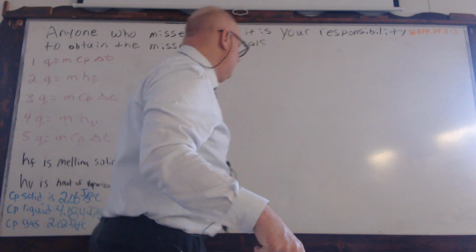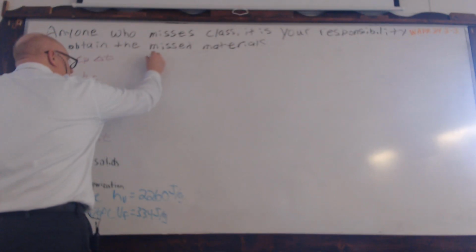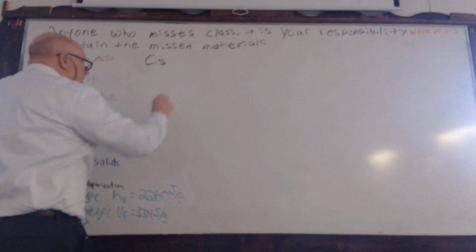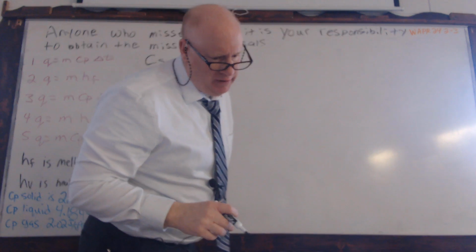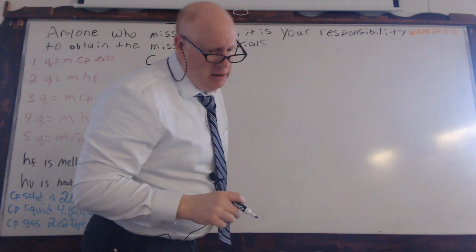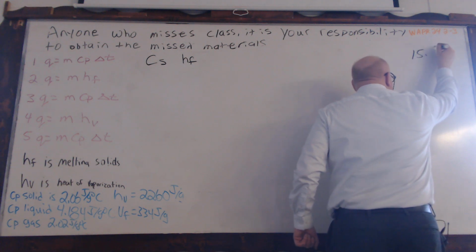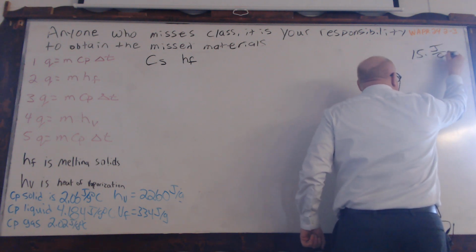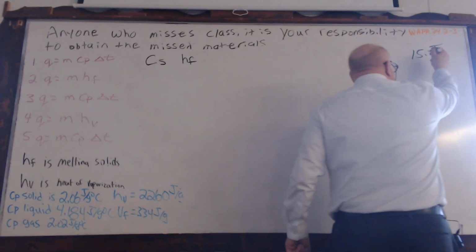So if we look at the element cesium, okay, the heat of fusion, there's a vaporization. I better make sure I get the, yep, heat of fusion, okay? This is what it is in joules per gram, 15.7.